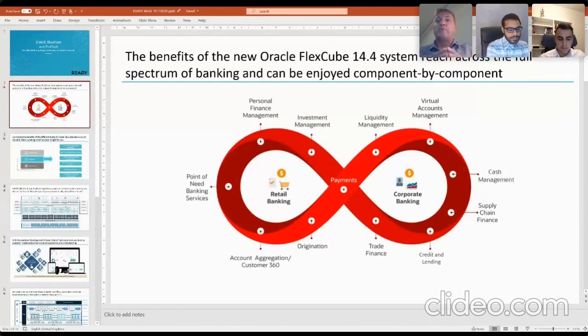The componentized approach means you can just look at corporate lending and just change that. And that's one of the advantages of 14.4, that you can actually do component by component.